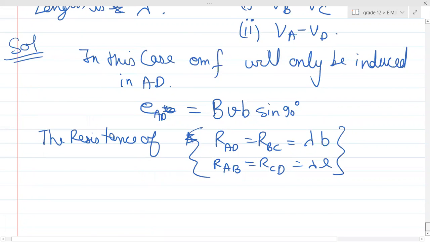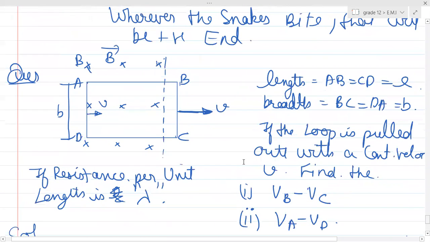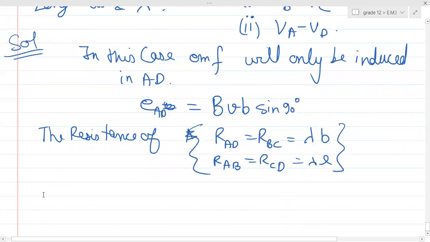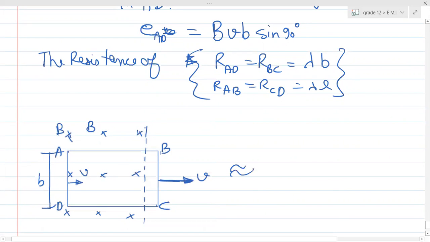So basically what will happen, this question, which was a part of electromagnetic induction, EMI, will not be EMI anymore. It will become current electricity. See how?